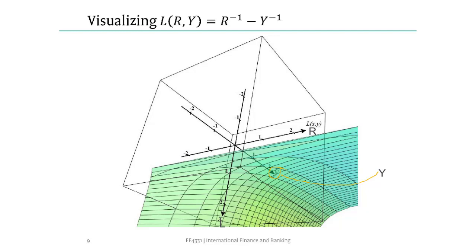So here, this axis is R, and this axis is L, and this y-axis here, you don't see it, but let me circle it for you. This term here is Y.